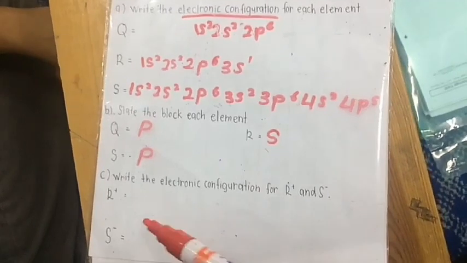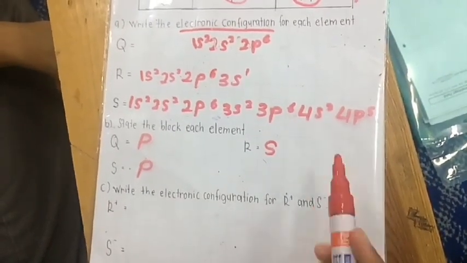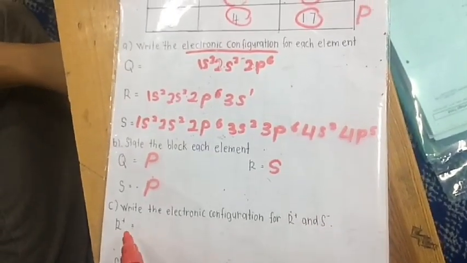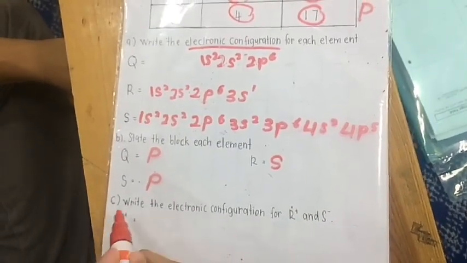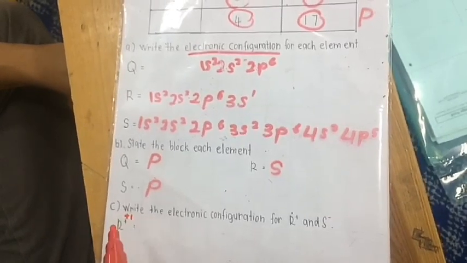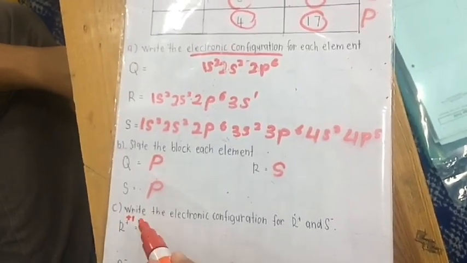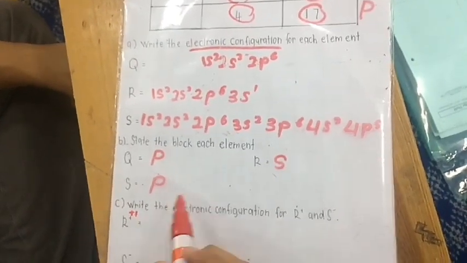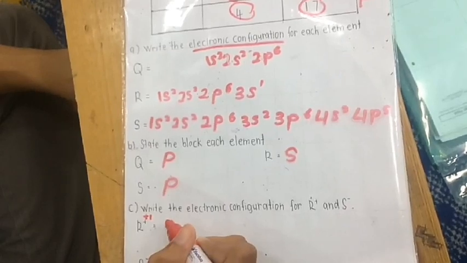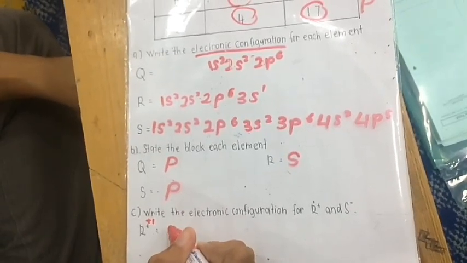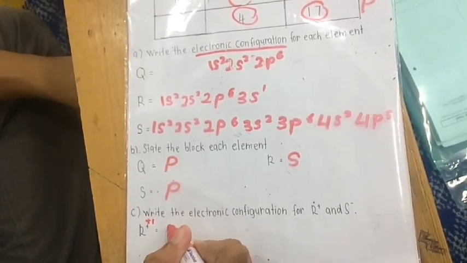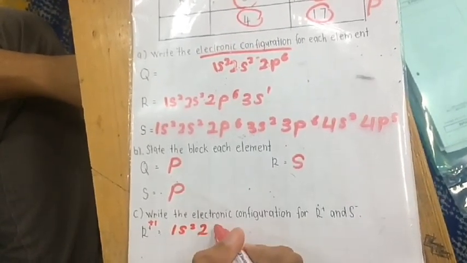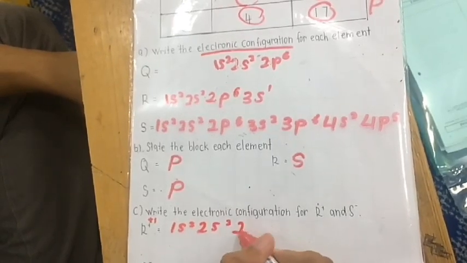Write the electronic configuration for ion R and ion S. First, ion R. The charge is positive 1. So we know that the element removes 1 electron. First step is write down the atom for element R. 1S2, 2S2, 2P6 and 3S1.